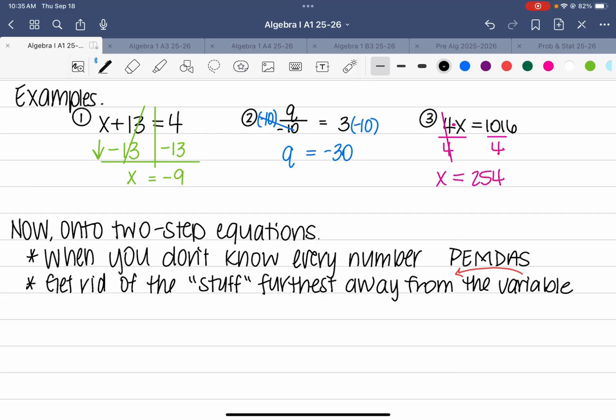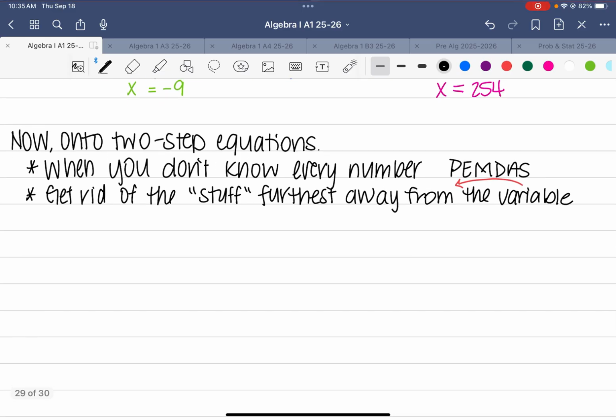We're going to get rid of the furthest stuff away from the variable. And notice that stuff is in quotes, okay? That's just a general term. It's not very mathematical, but it's just a word that I'm going to use, okay? It's stuff. Can't go wrong with stuff. We're going to do 2 examples. No, actually, I lied. We're going to do 3 examples.